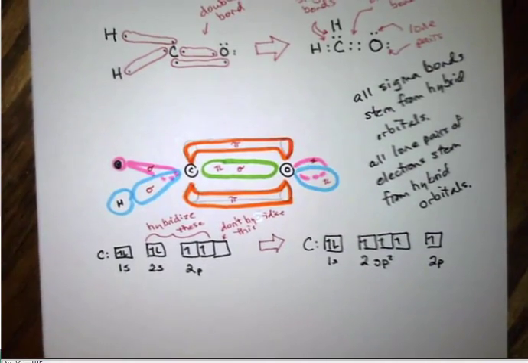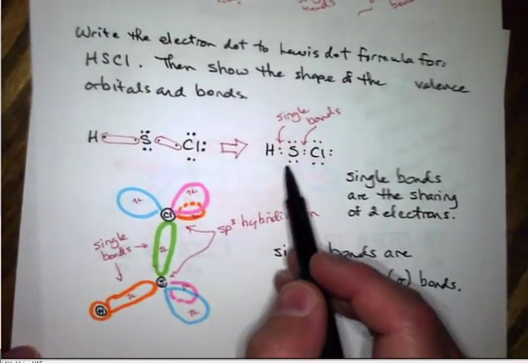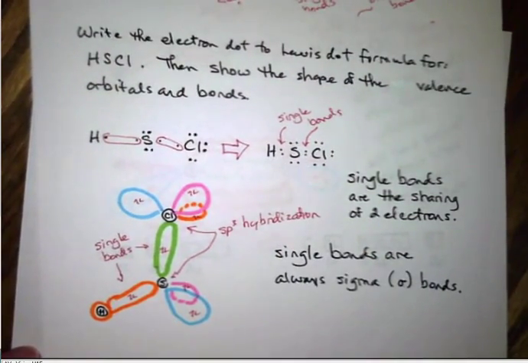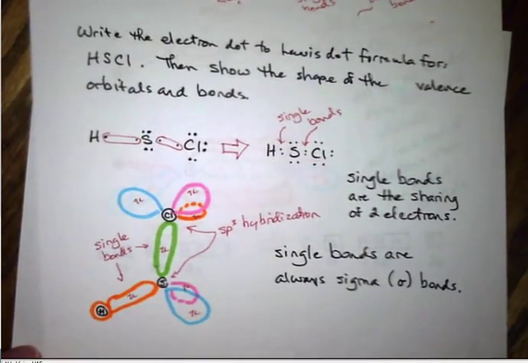So you can actually count the number of lone pairs and bonds to figure out what the hybridization is going to be. With this sulfur here, I have 2 lone pairs, 2 bonds. That's a total of 4 there. You could also say 2 lone pairs and 2 sigma bonds, or 2 single bonds. That's going to be an sp3 hybridization.